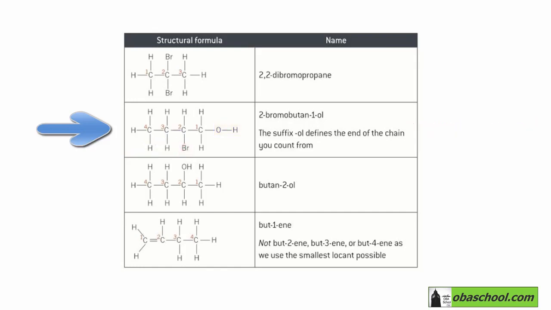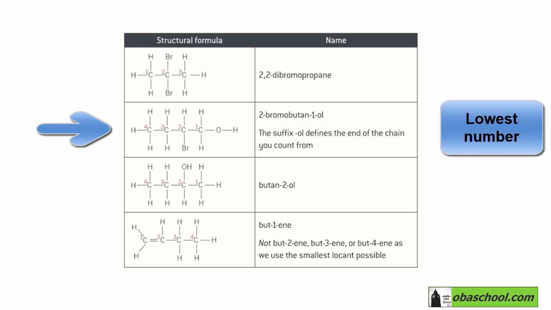Please note that when you have 2 functional groups, like in this case, we will start counting from the side which gives the OH group, the alcohol group, the lowest number possible, because the OH group is more reactive, so it will define the end of the chain.